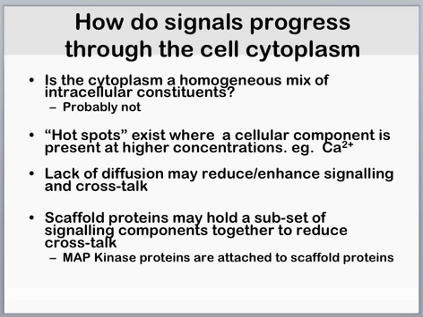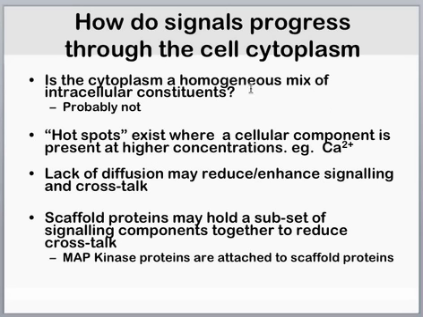And lastly, we're talking about signals passing through the cytoplasm of the cell. How do we think about the cytoplasm? Is it a homogeneous liquid sort of thing, or is it a place where you can have concentration gradients that exist and that are maintained within the cell?